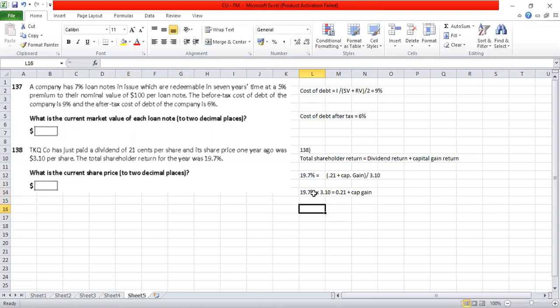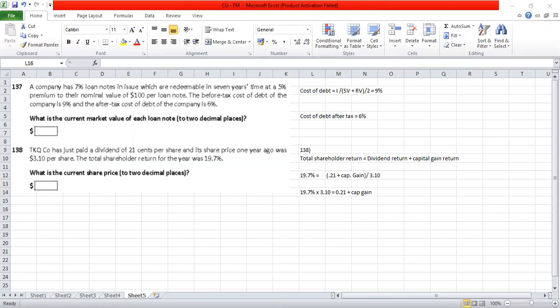So how much will that be? 19.7 into 3.1 is 0.6107. Then 0.21 comes to this side, and we get 0.8207.